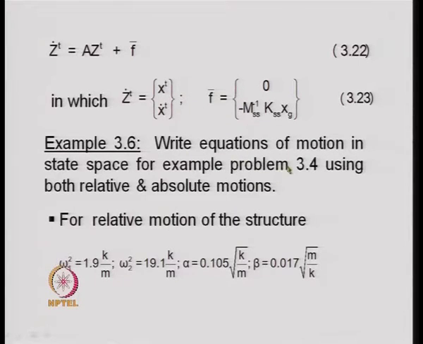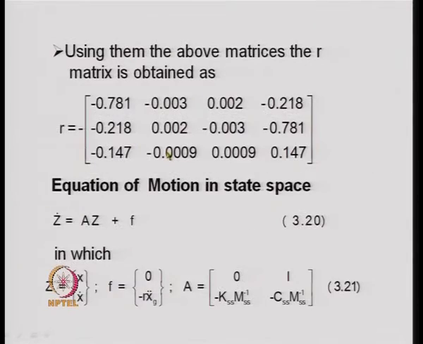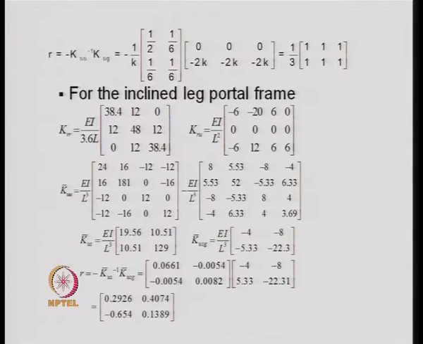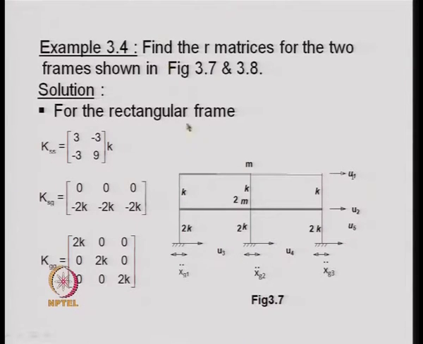Now, we try to write down the state space form of the equation of motion for the problem 3.4, that is this problem. Yes, for this problem we wish to write down the entire equation of motion in the state space form.